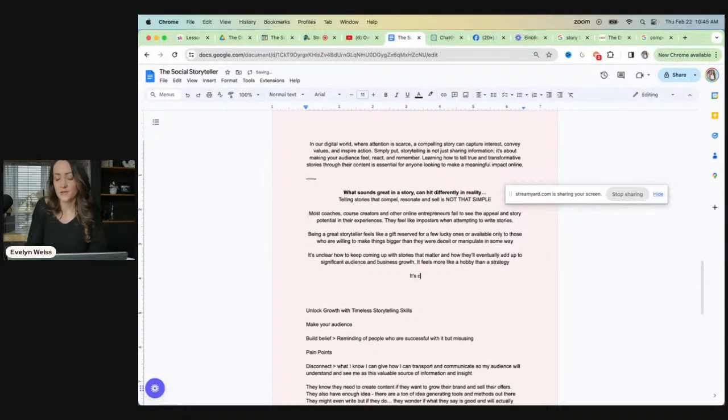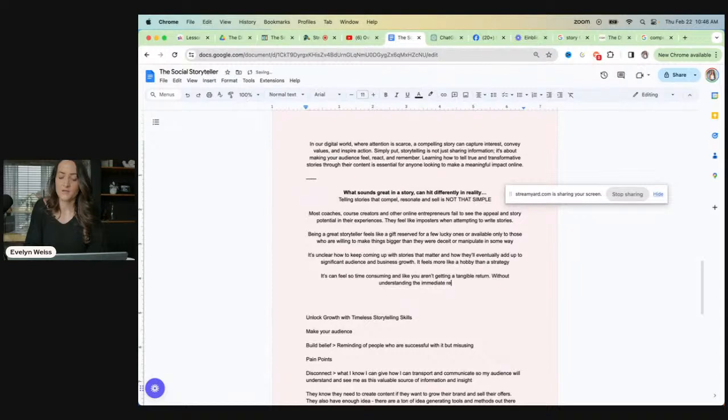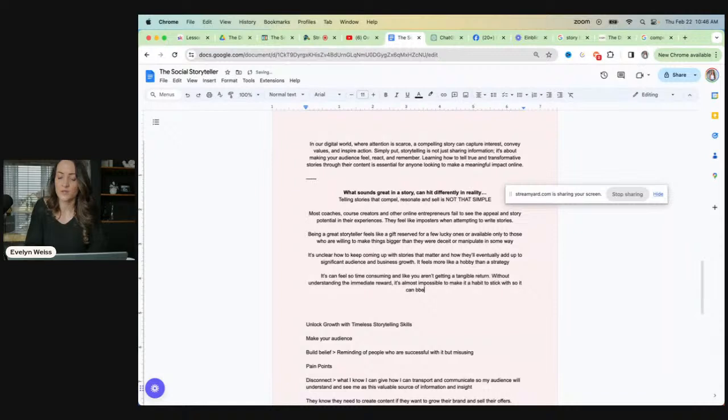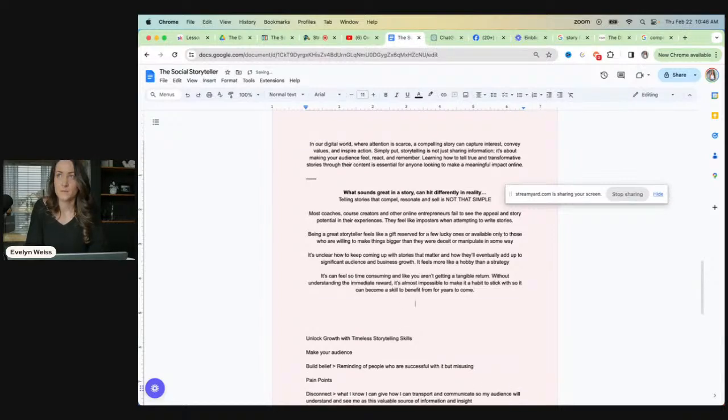It can feel so time consuming and like you aren't getting a tangible return, which is, without understanding the immediate reward, it's almost impossible to make it a habit to stick with, so it can become a skill to benefit from for years to come. What else?